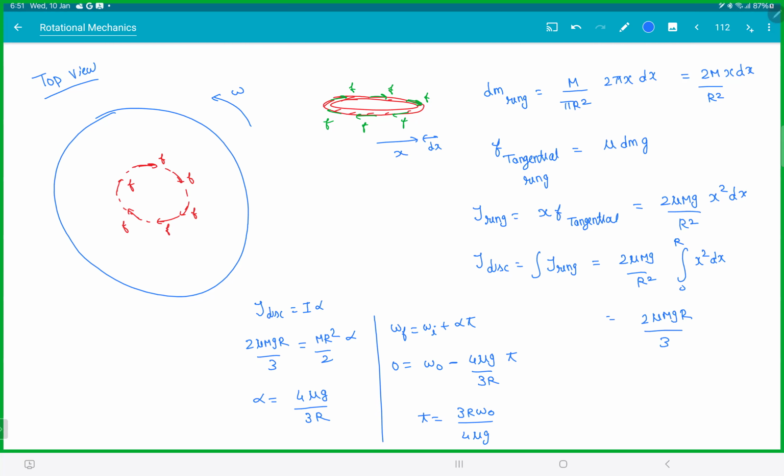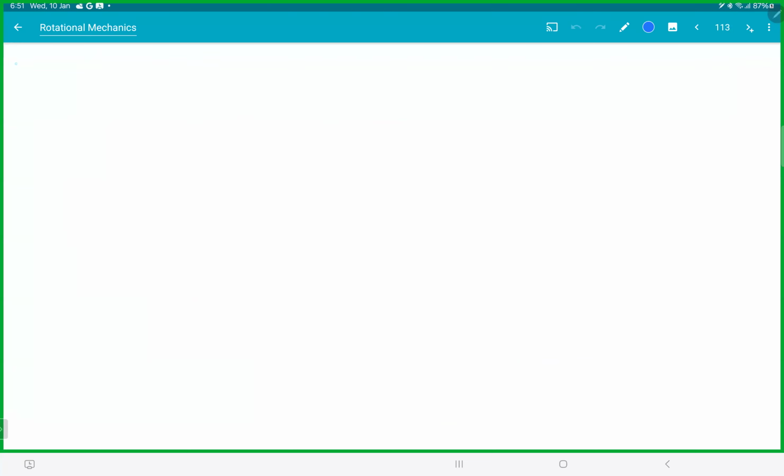All clear with this? Now, this question we can extend into something else. We can change the same problem into a different level. If you want to ask a similar question in a little easier way, but still an advanced one, this is how it will be. We have a square plate on a rough horizontal ground.